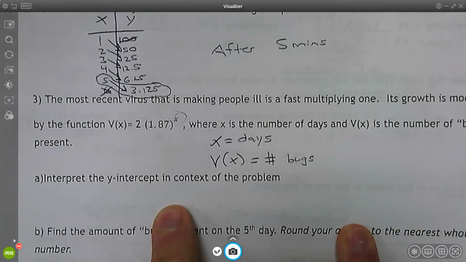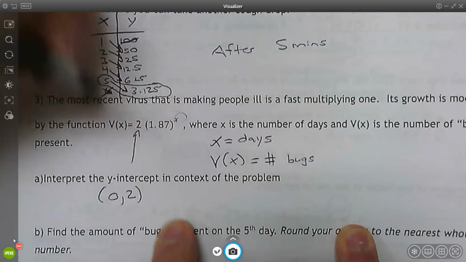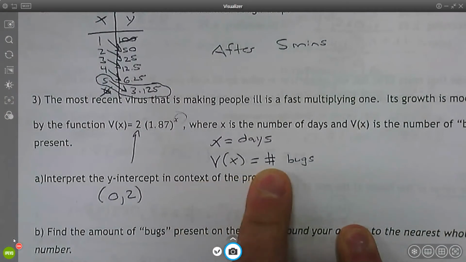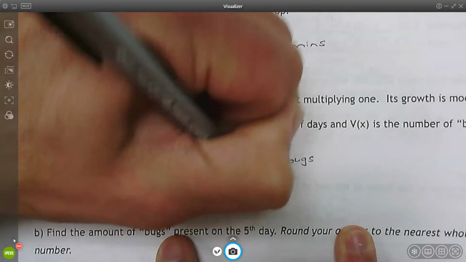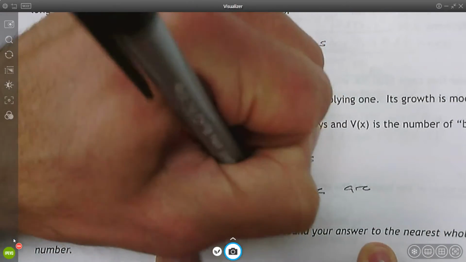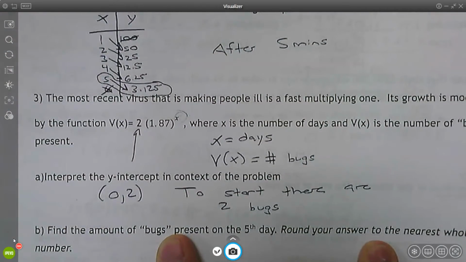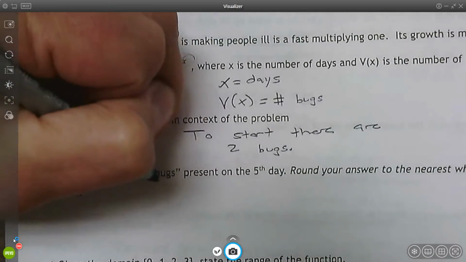So the y-intercept, that's your initial value. That's when X is 0, Y is 2. So Y is the number of bugs. To start, there are 2 bugs. Find the amount of bugs.